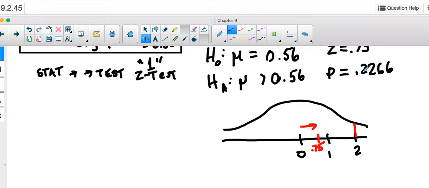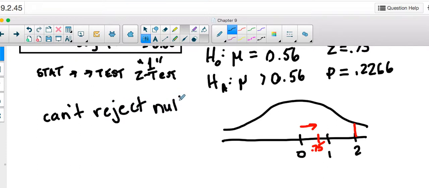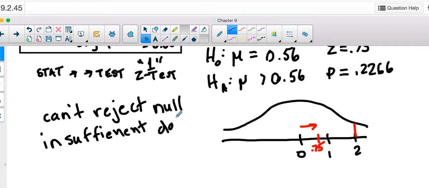So that means that it's too big and I cannot reject. I am not going to reject the null. That means that there is insufficient data to support the alternative hypothesis.